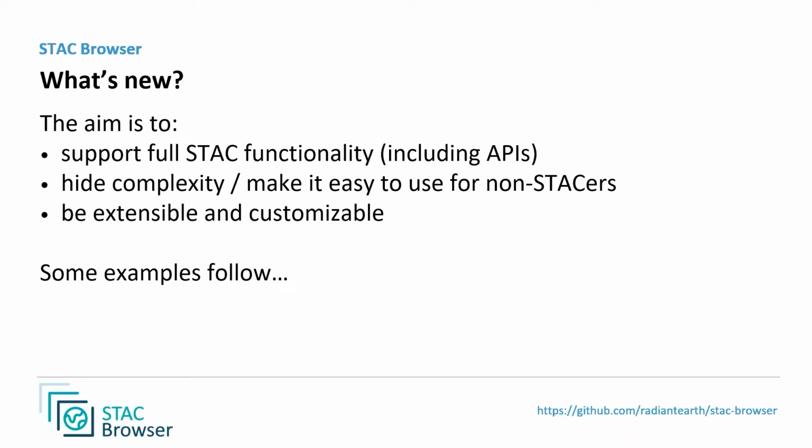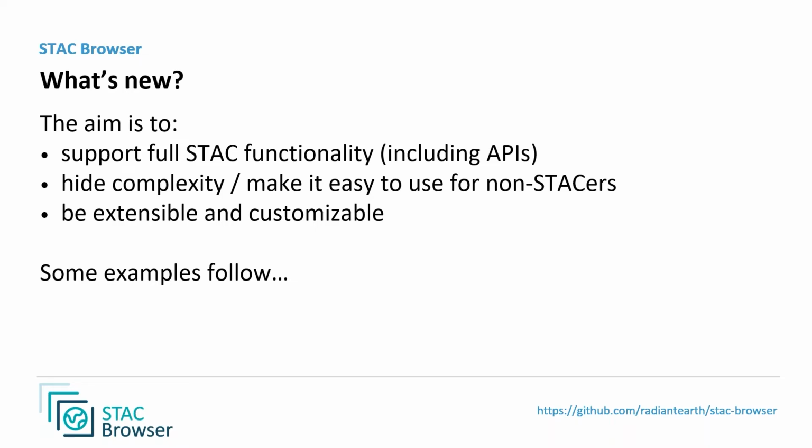The previous version was really just displaying the JSON and showing all the technical details behind STAC, more or less, and that should be hidden, of course, for users that are not aware of STAC but just want to get to the data. So we're making it a bit easier. And of course, it should be extensible and customizable, for example, for other cloud-native formats like COG, COPC, and Zarr.